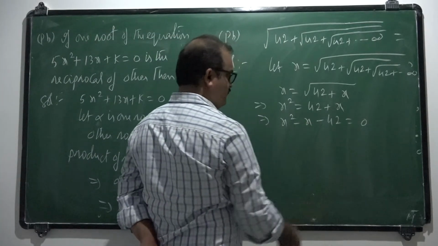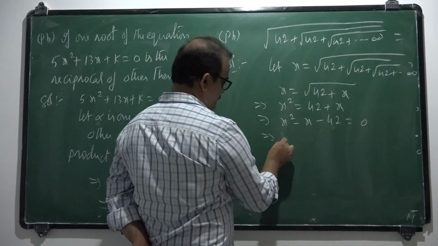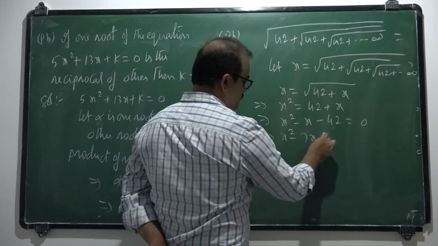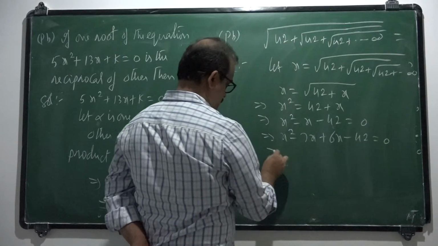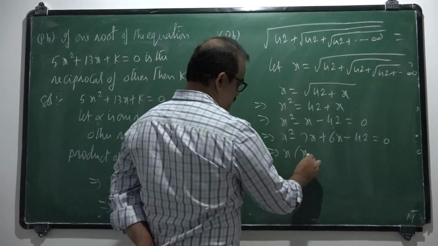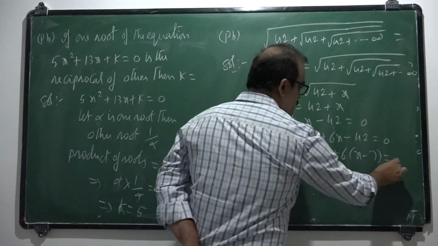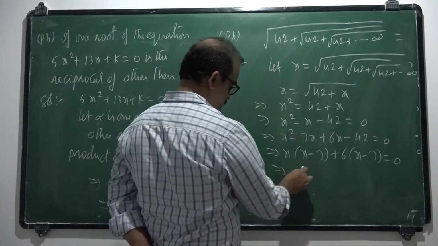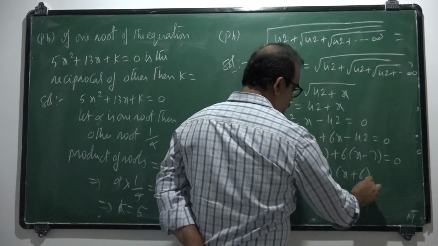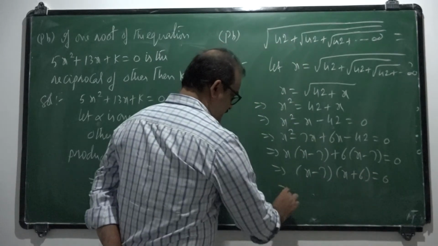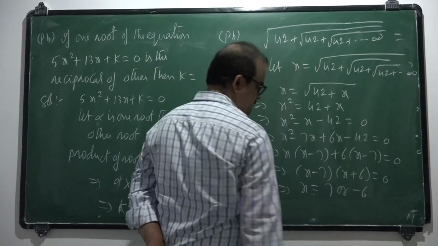Find the factors. 7 into 6, 42. The x value is 7 or minus 6.